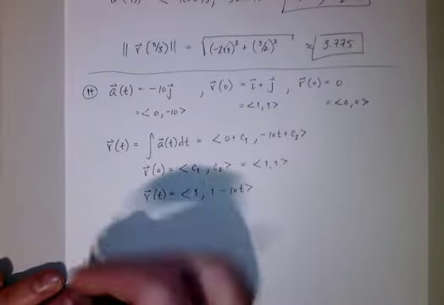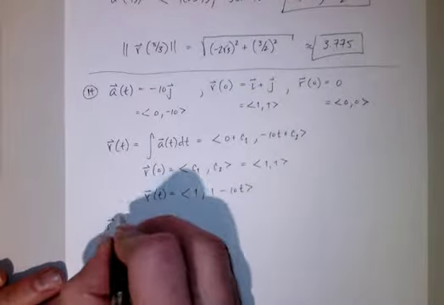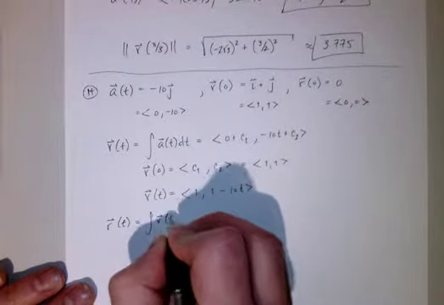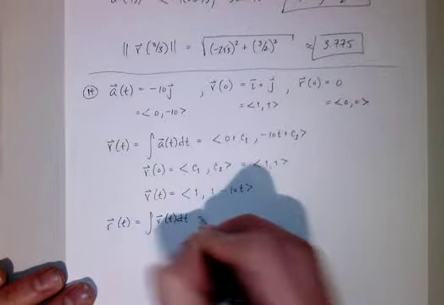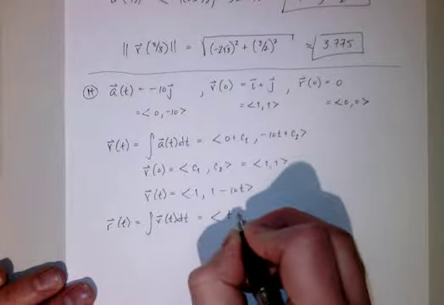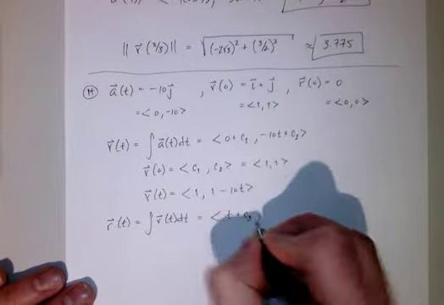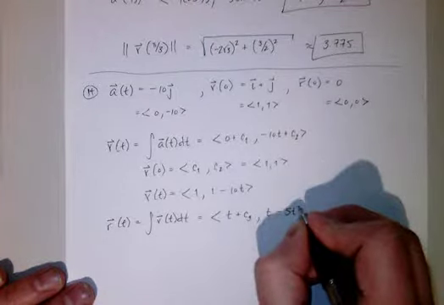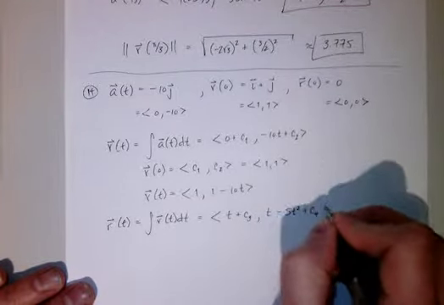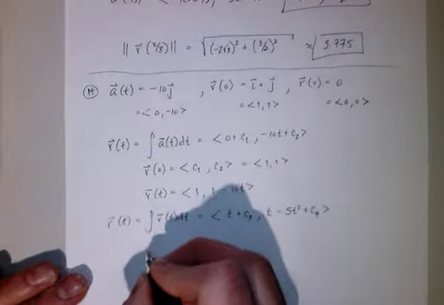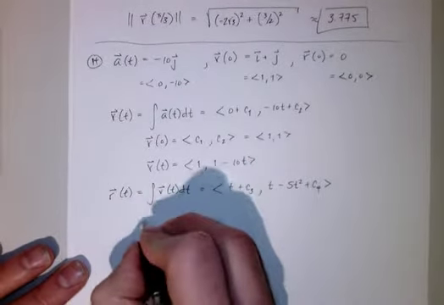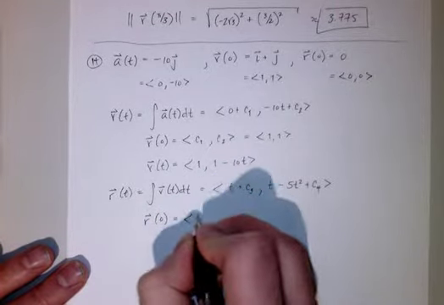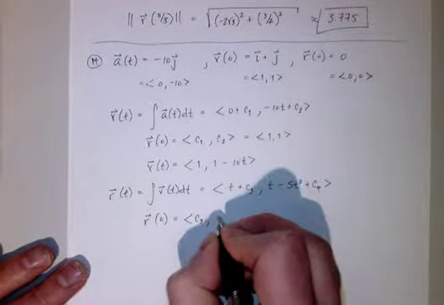Okay, and so let's go ahead, and I know that r of t is going to be the integral, or the antiderivative, of v of t, which gives me t plus c3, and c4, t minus 5t squared plus c4. Now, let's go ahead and evaluate r of 0. If I do r of 0, I'm going to get c3, c4.